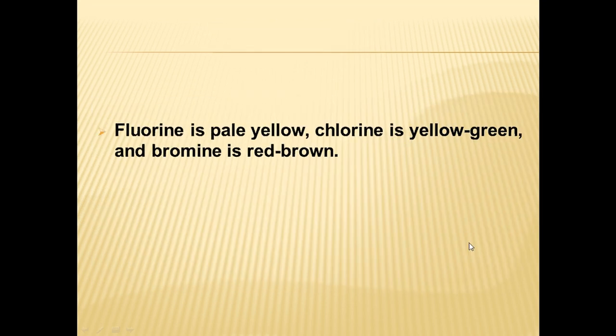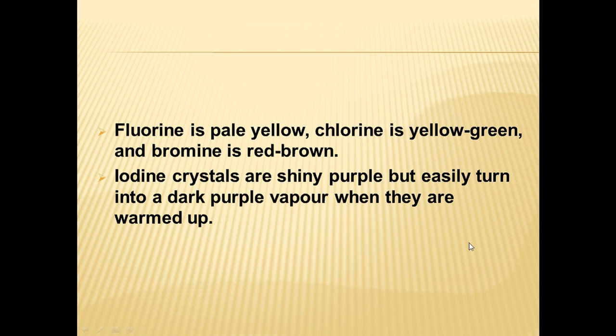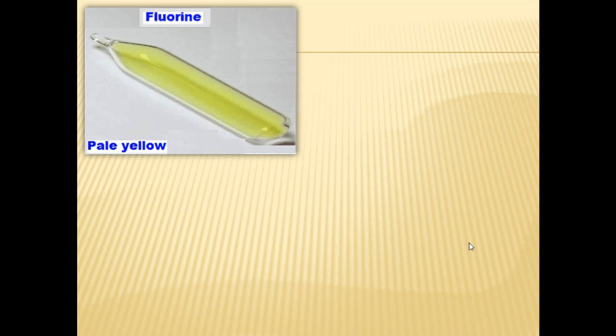Fluorine is pale yellow, chlorine is yellow green, and bromine is red brown. Iodine crystals are shiny purple but easily turn into a dark purple vapors when they are warmed up. Look at this slide on which we can see the pale yellow colored fluorine gas in a tube.